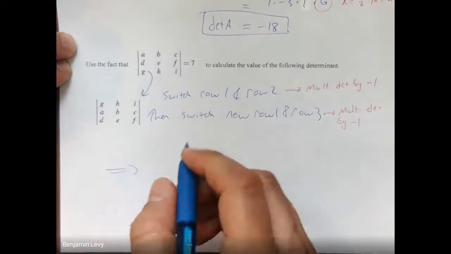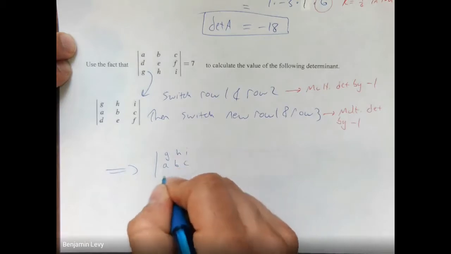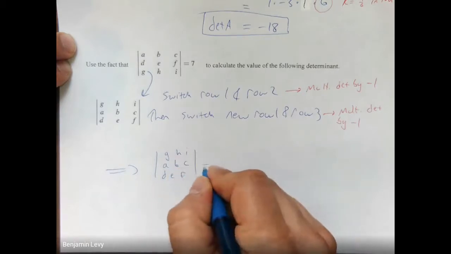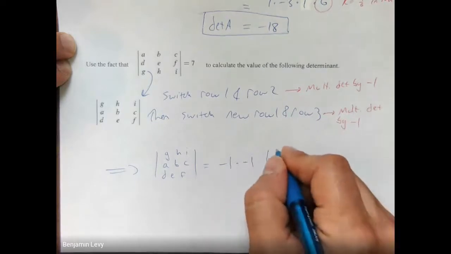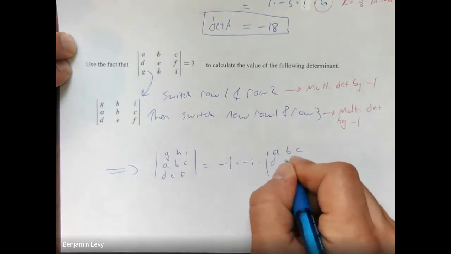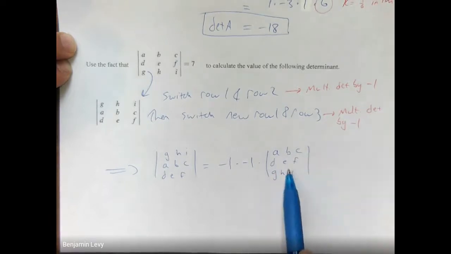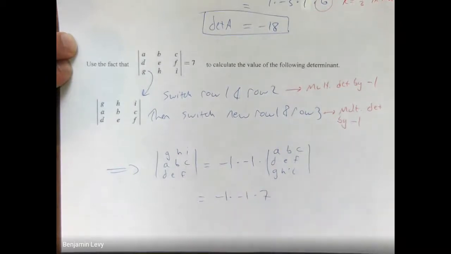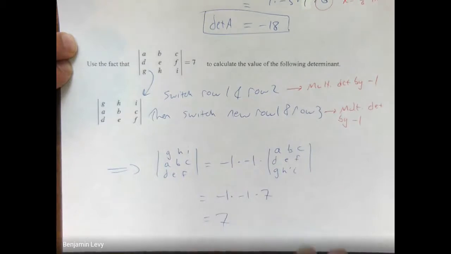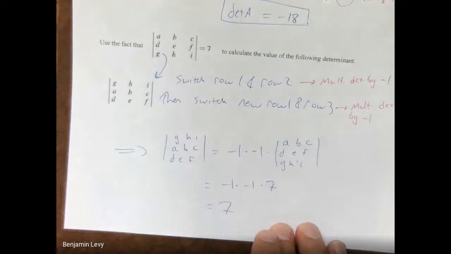So what we just learned here is the determinant of G, H, I, A, B, C, D, E, F is -1 times -1 times the determinant of the old matrix. And we know the determinant of the old matrix is 7 from the problem. So this is just -1 times -1 times 7. So it actually stays the same in this case, 7.